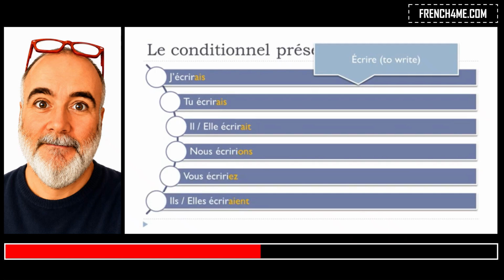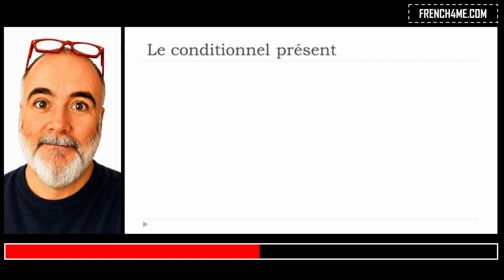All right, so it's not that difficult anyway. But of course, we've got some exceptions, as I said in the beginning. The idea for these exceptions is that the verb will change. The endings will be the same, so that's one good news.